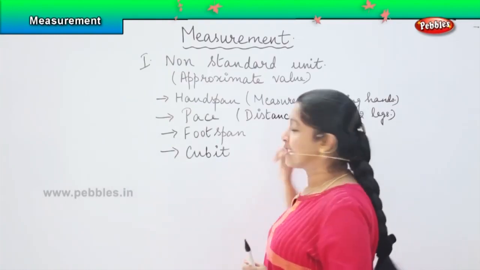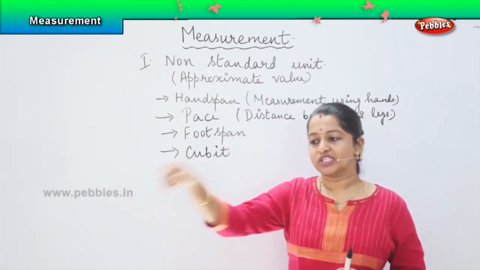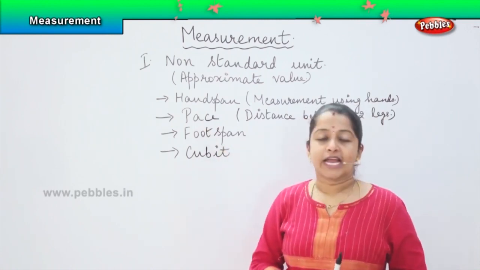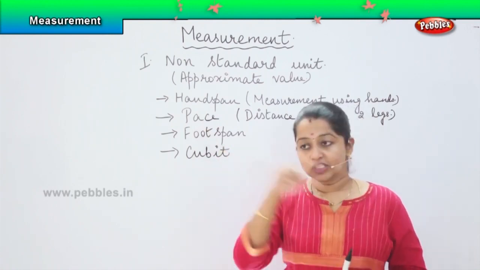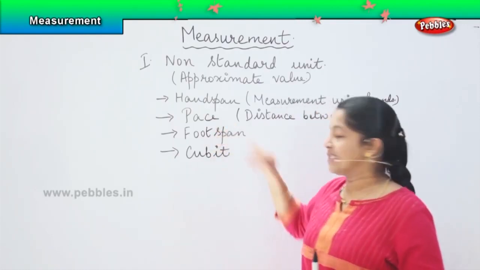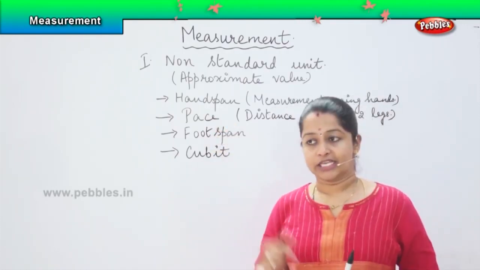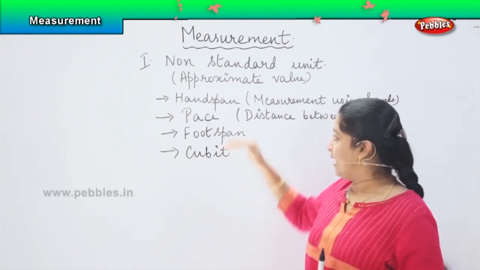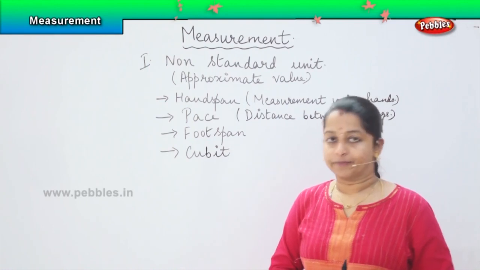So it shows the distance between the two legs. When you have to measure the length of an area, we cannot use the handspan because handspan is used only for covering a smaller area. Whereas pace is used when we have to cover an area, say the area of a room or a field. So something like that, we will use the pace.